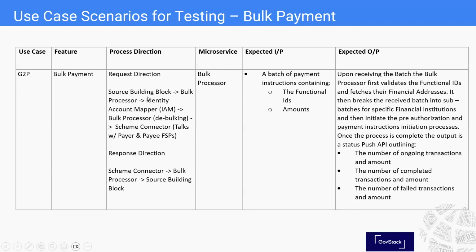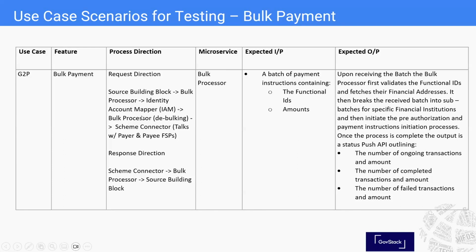A source building block creates the batch and sends it to the payment hub, and once the payment hub receives the request into the bulk processor, it sends that request. This is just a recap of what we did previously. It sends the request to the identity account mapper to verify whether accounts and information exist against the functional IDs that have been sent.